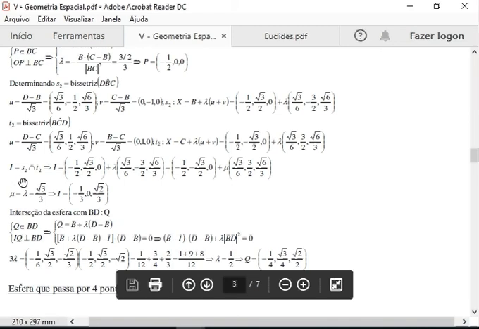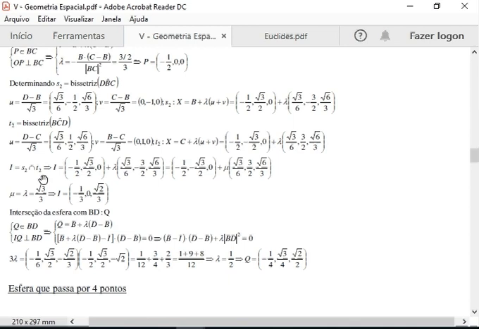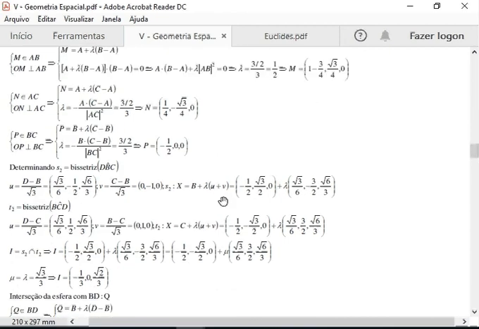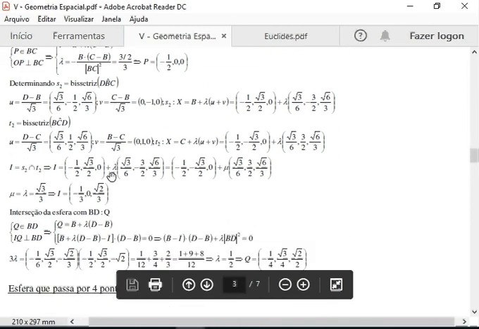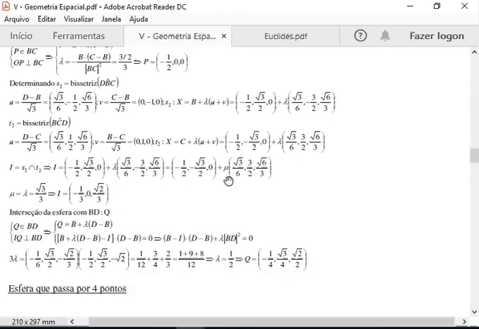Let I be the intersection of S2 with T2. This point is on S2, here it is, and on T2, here it is. We exchange lambda for mu, and we determine lambda and mu by a system of 3 equations and 2 variables.